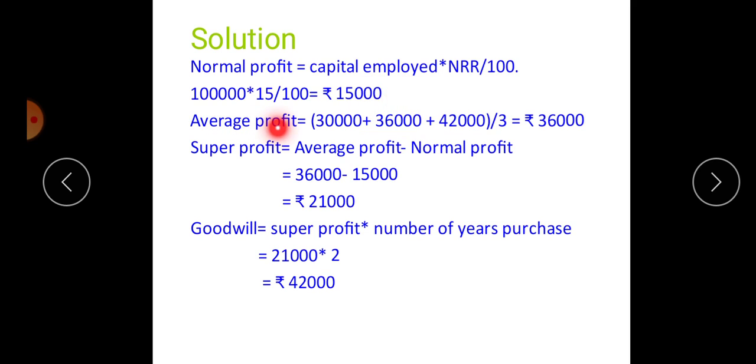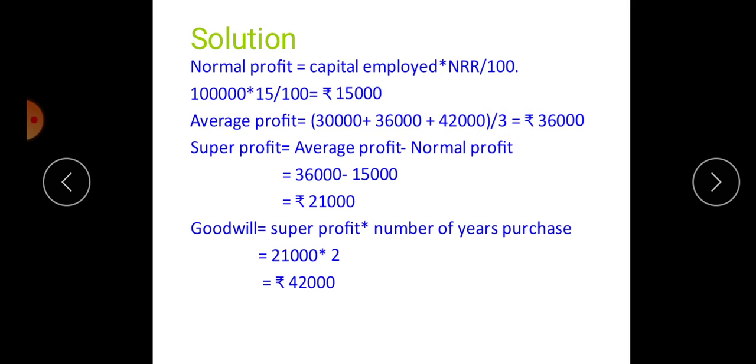Now average profit: total of the 3 years profit, 30,000, 36,000 and 42,000, divided by 3, we will get average profit as 36,000 rupees. The total is 1,08,000 divided by 3 is 36,000.